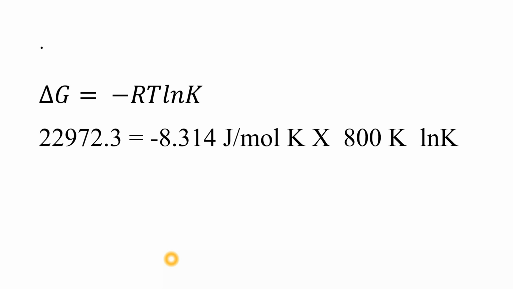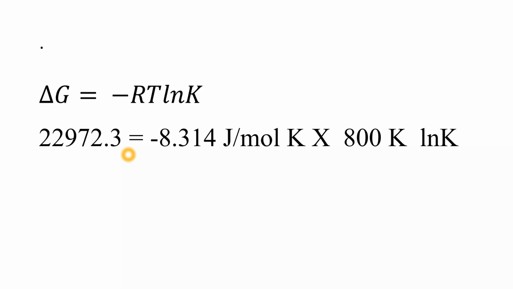So here this is the value 22972.3, it will be joule per mole, right? Here also joule per mole Kelvin into 800 Kelvin, Kelvin to Kelvin will be cancelled out, so the unit will be 8.314 joule per mole into ln K, right? Here it is also joule per mole, I forgot to write this, sorry.